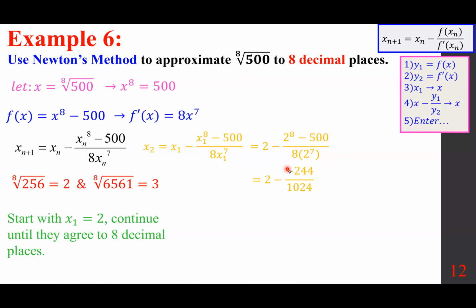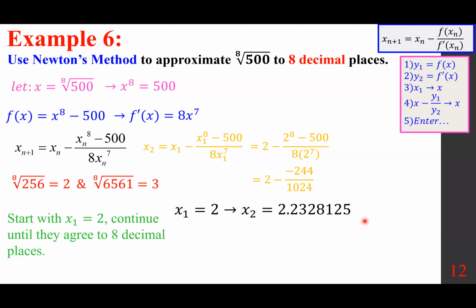And negative makes it positive. That results in a bunch of decimals. Because they want 8 decimals, I'm going to use many. So you really have to do more.